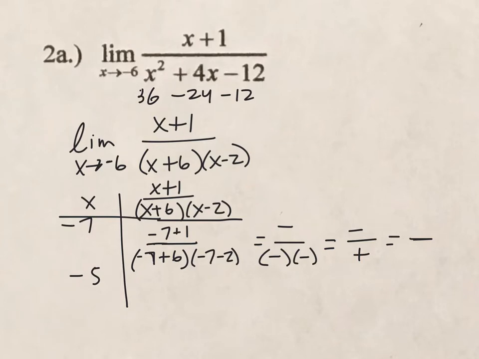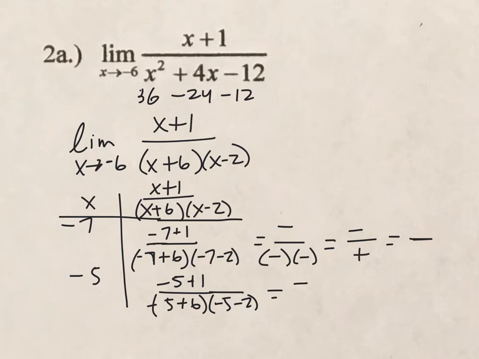So now let's see what's happening on the other side. So I'm going to plug in negative 5. When I plug in negative 5, I'd have negative 5 plus 1 on top, and then in the denominator we'd have negative 5 plus 6 times negative 5 minus 2. So what kind of numbers are we going to get?